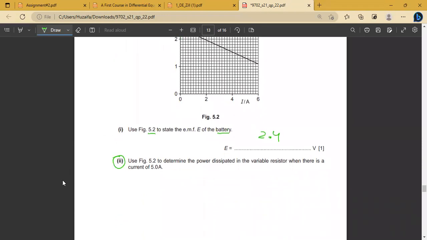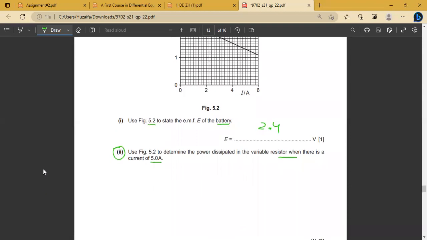In part 2, use figure 5.2 to determine the power dissipated in the variable resistor when there is a current of 5 ampere. So he is asking that if the current in my circuit is 5 ampere, what will be the power dissipated in my variable resistor?